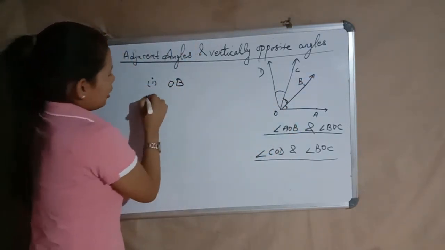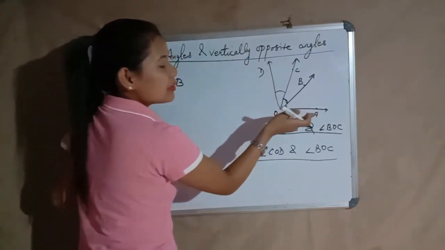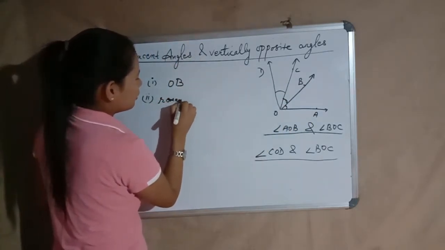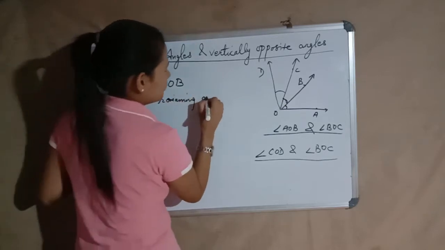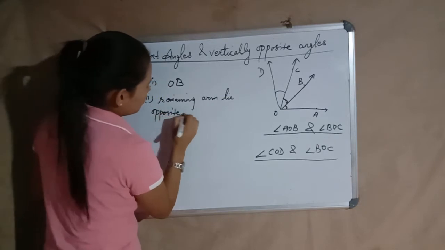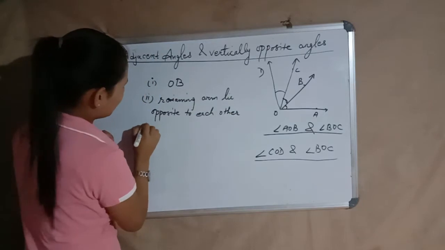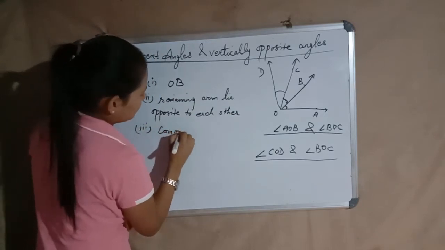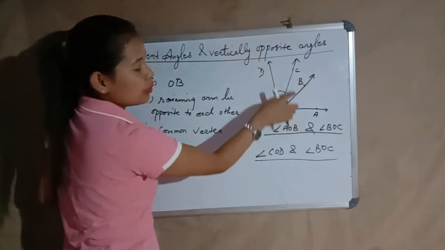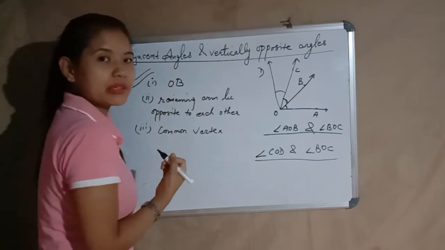Next, the remaining arms lie opposite to each other, and they have a common vertex. This vertex O is common to both the angles. So these are a few properties of adjacent angles.